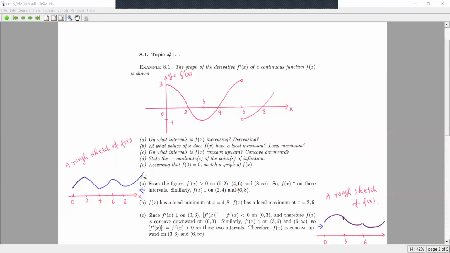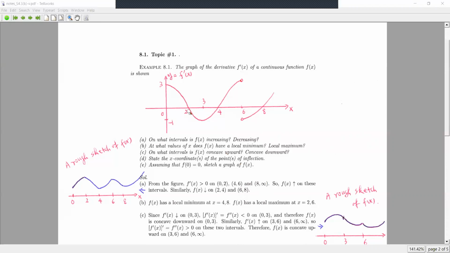And similarly, 4 to 6, 8 to infinity, the curve lies above x-axis. So over these intervals, this guy is positive. So therefore, the graph of f is increasing on these three intervals.